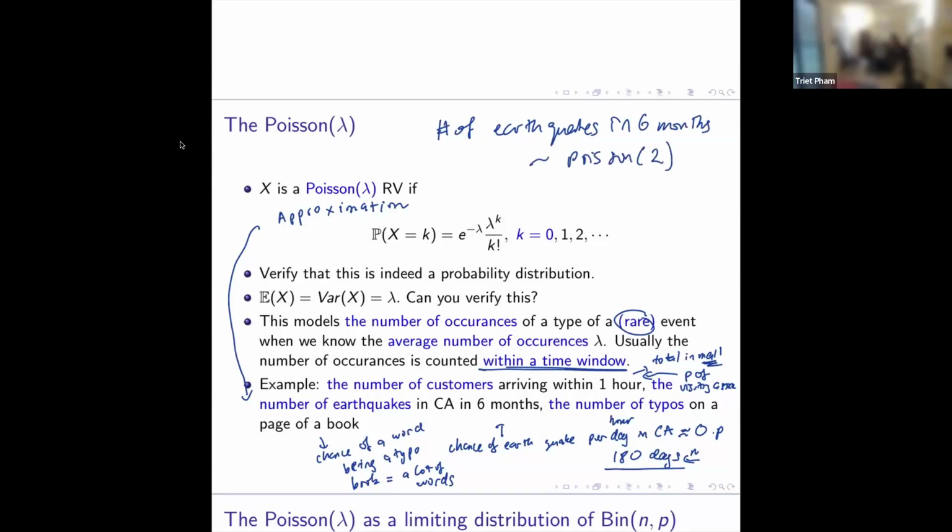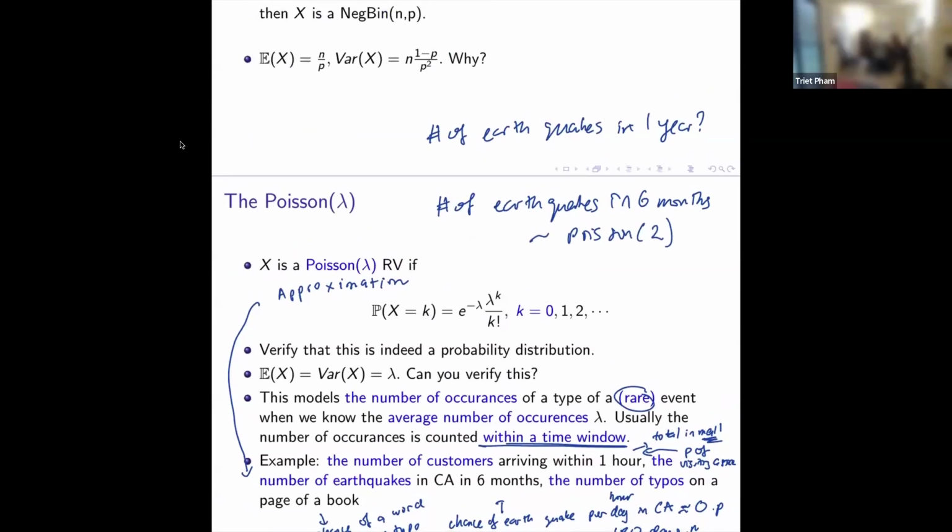What I mean is, on average, there are 2 earthquakes per half a year in California. With that said, is it possible for me to model the number of earthquakes in California in 1 year? Do I know what distribution it follows? What about in 1 month? Do I know?